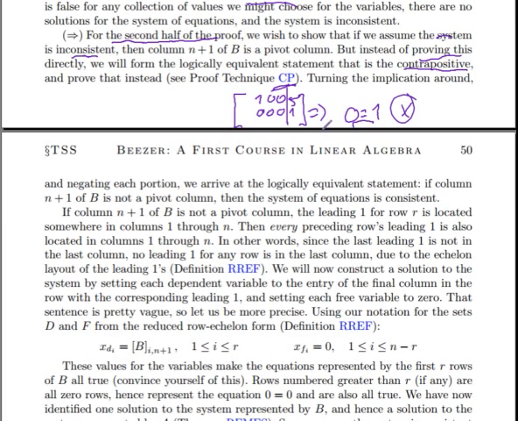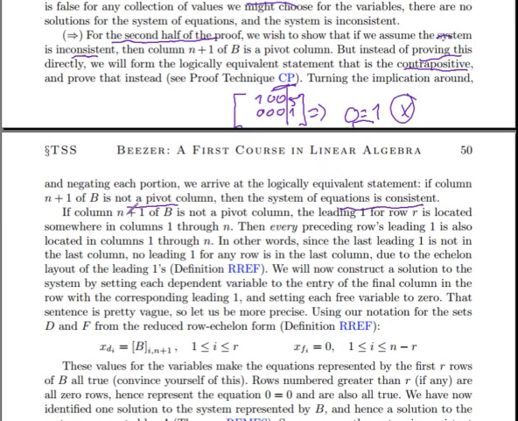You can always turn any logical statement around and get its contrapositive, which is logically equivalent. So the contrapositive of this statement is that if the last column is not a pivot column, then the system of equations is consistent. And that's the same thing as proving that if the system is inconsistent, then the last column is a pivot column. Those two things are equivalent. So hopefully you'll get used to that after seeing several examples of this.